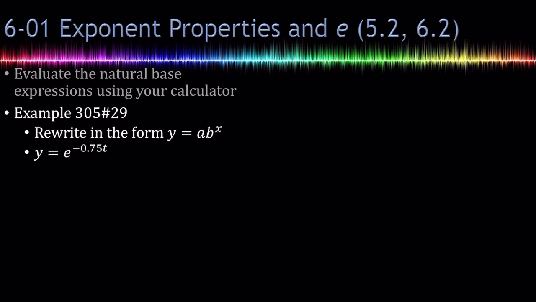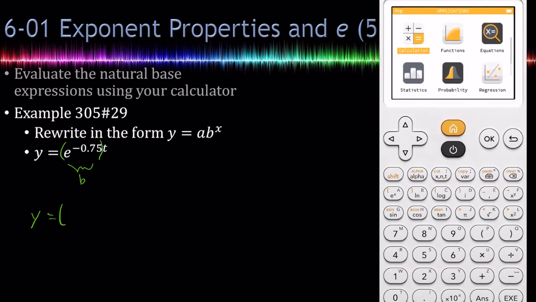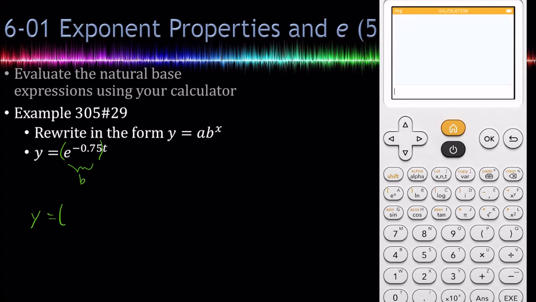So what we're going to do is rewrite this function in the form y equals a times b to the x. So I need to figure out what b is. If you notice, all that has the exponent of t on it. All that is b. So I'm going to type that into my calculator to get the decimal. I'm going to hit Shift. Most calculators you hit Shift. This one just has the E button.